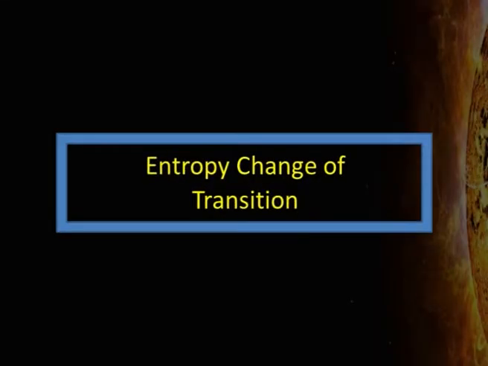Now we will discuss the entropy change of transition. When 1 mole of a substance changes to its different allotropic form, then entropy change of transition is equal to delta HT divided by T. Here delta ST is the entropy change of transition, delta HT is the molar heat of transition at its transition temperature, which is given by TT.